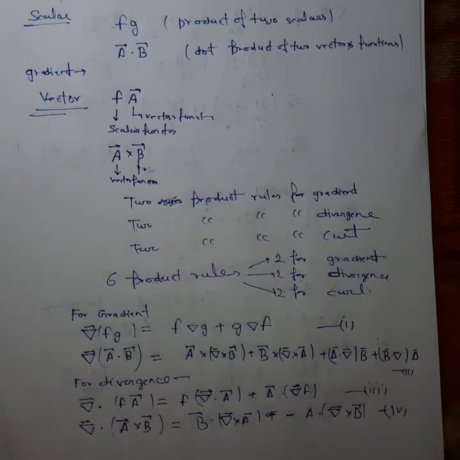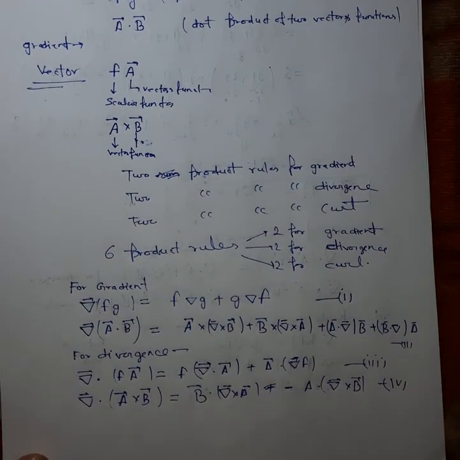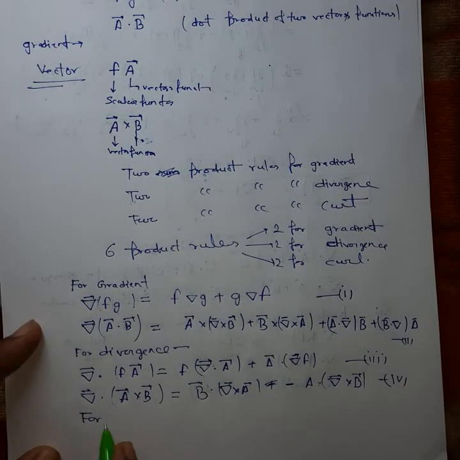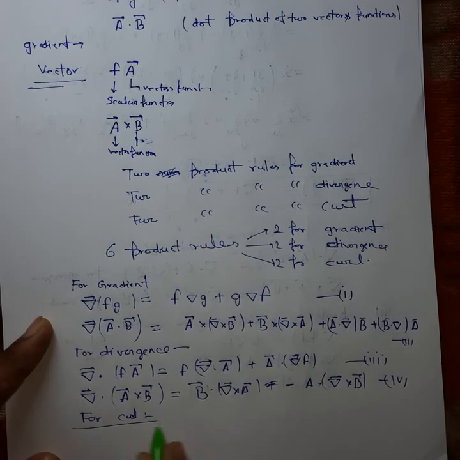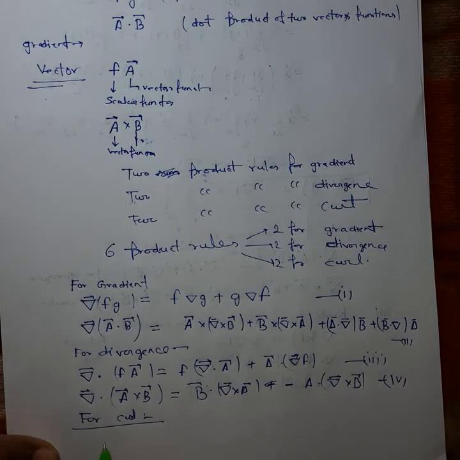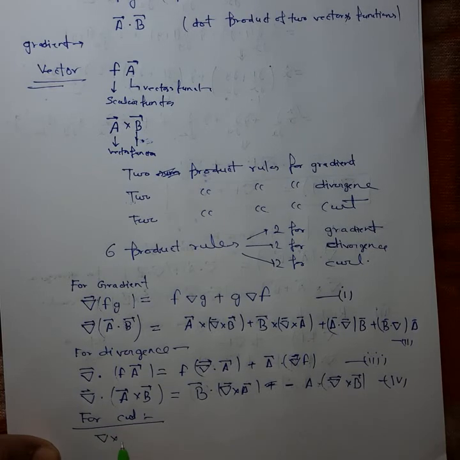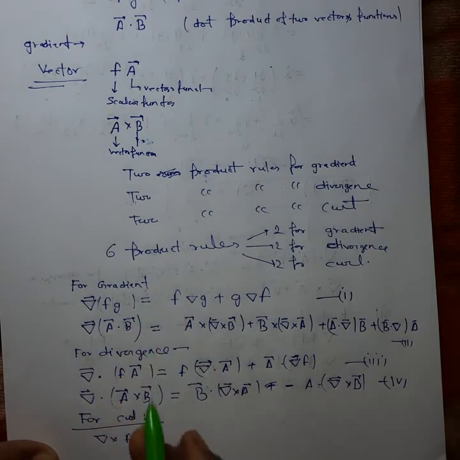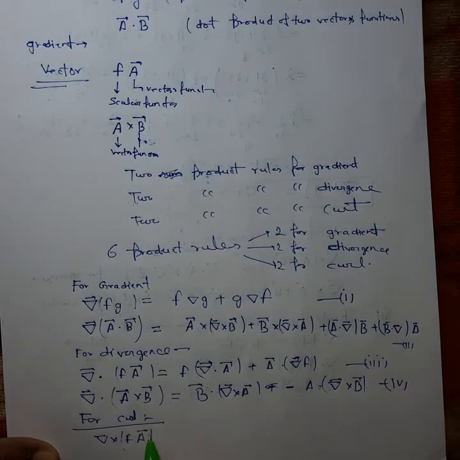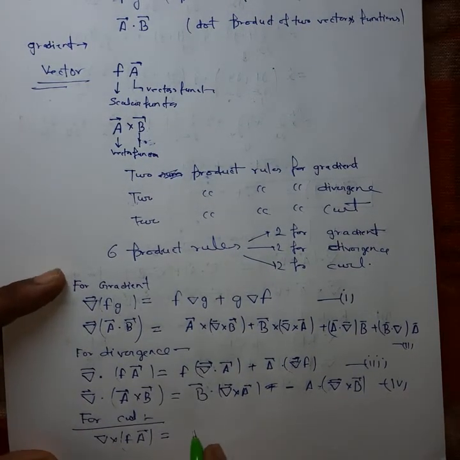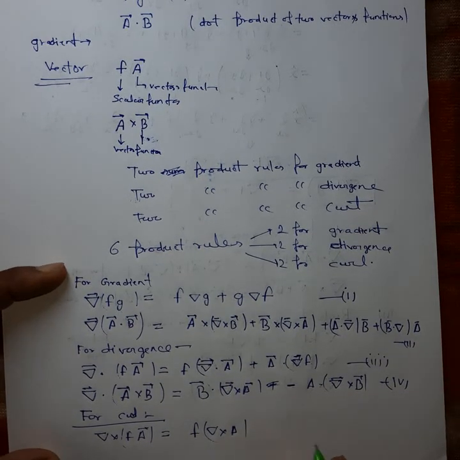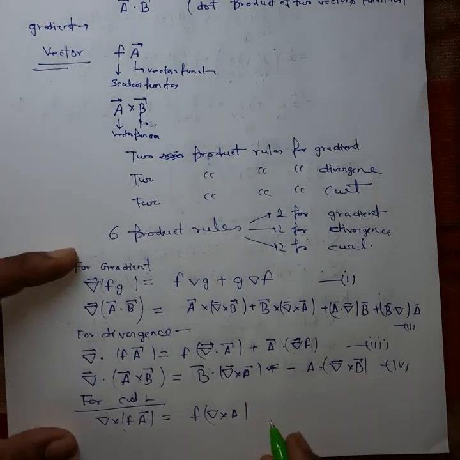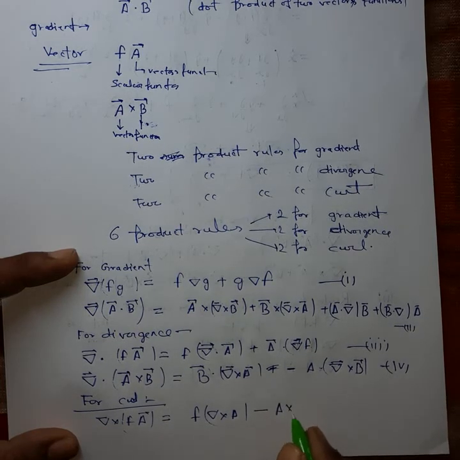Similarly, you can write 2 for curl. The rule for curl can be written as curl of f a is equal to f curl of a minus a cross gradient of f.